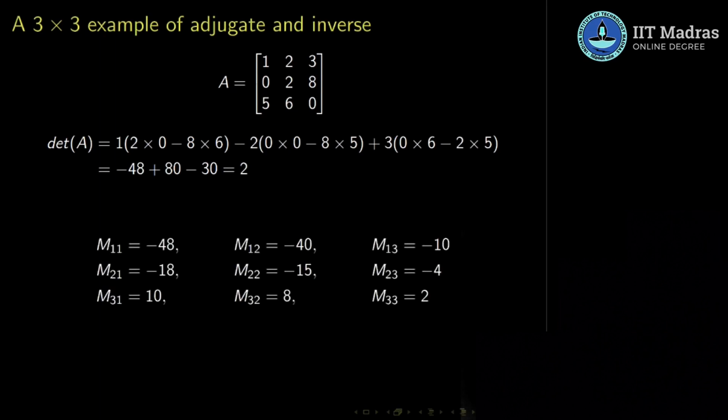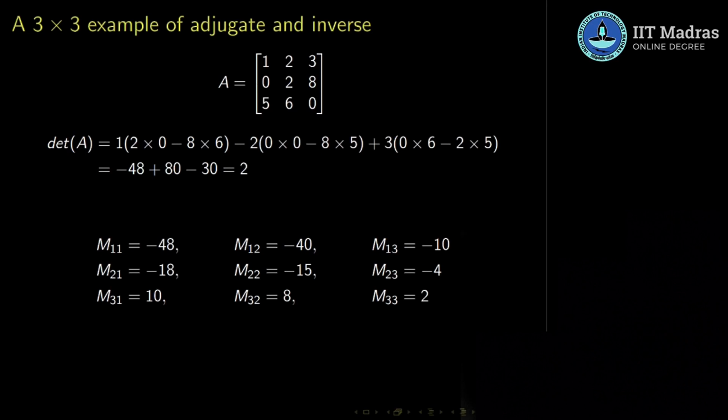So, let us now work out the minors. Well, the minors are written here. I guess you have to work out these minors by yourself. So, just to check that the M11 is correct, that is exactly the number appearing in the bracket corresponding to 1 in that expression for the determinant of A. So, that is 1 times minus 48, the first term in that expression for determinant of A, that is minus 48, that is exactly M11.